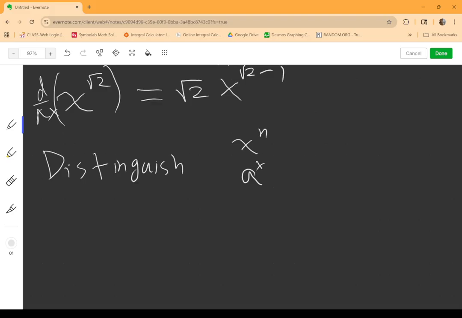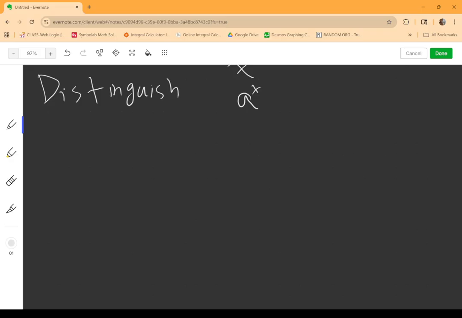So we want to be able to distinguish both of those and be able to use the proper formula, right? So there's really 4 cases that we have to look out for. In general, that's 4 cases of exponents and bases being constants versus variables or functions of x, right?